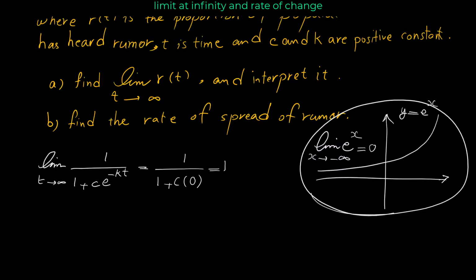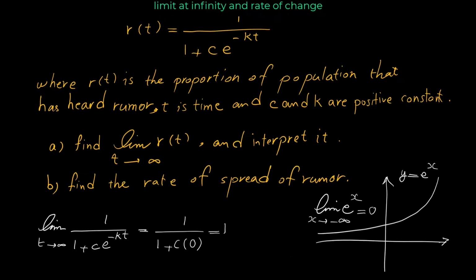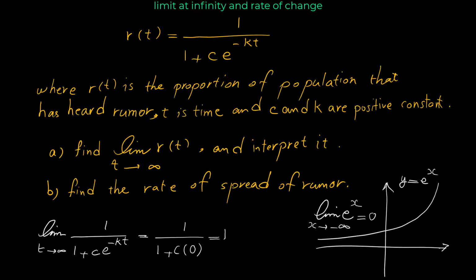And now we want to interpret this limit. What it means that the limit of r of t when t approaches infinity is 1. This means that in the long run, all the population have heard the rumor. Attention, r of t is the proportion of the population that has heard the rumor.